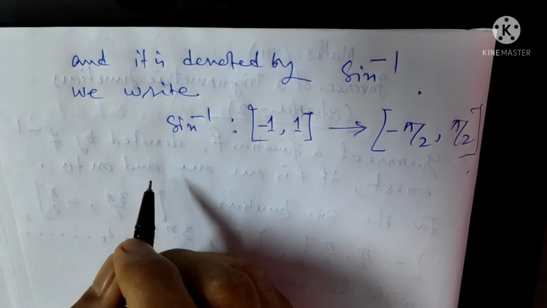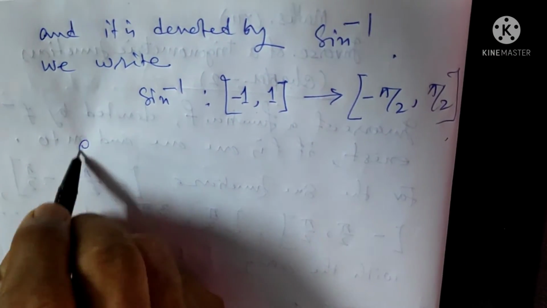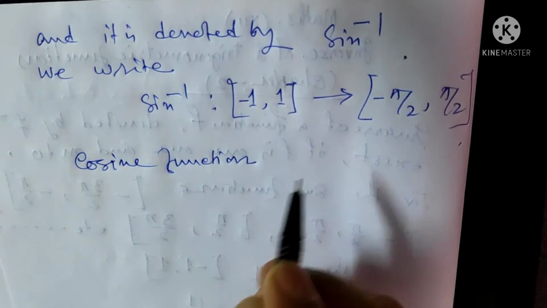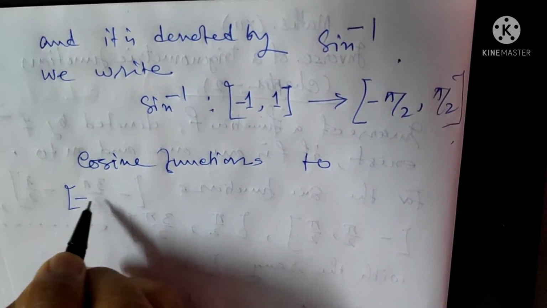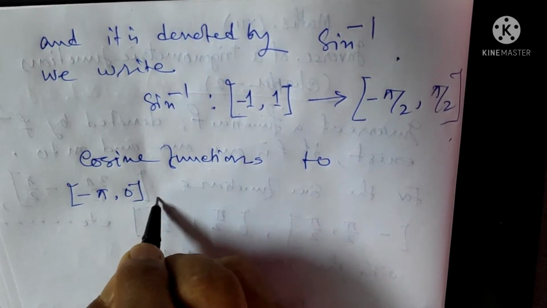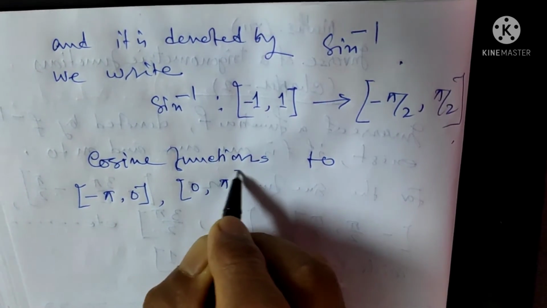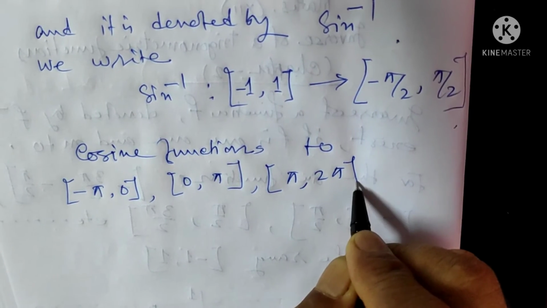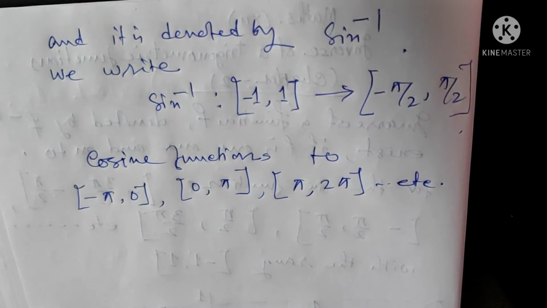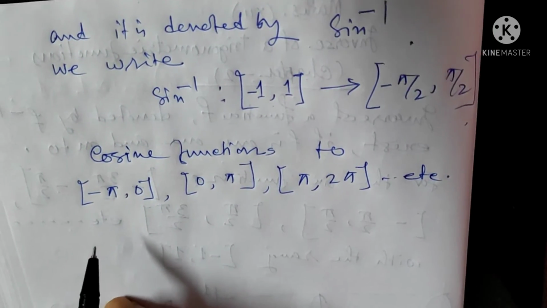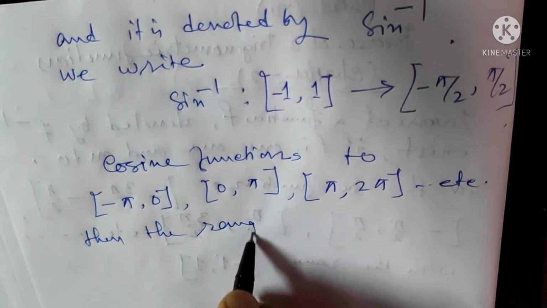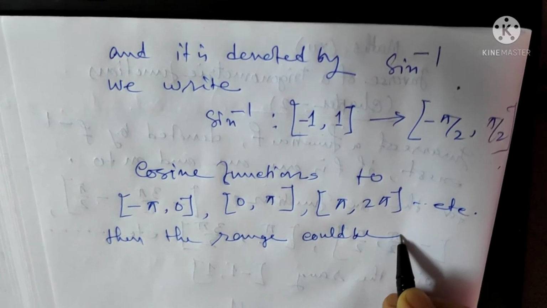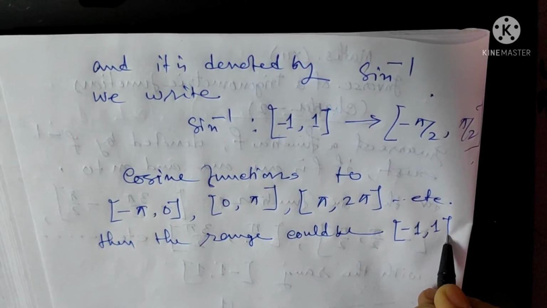Similarly, if we restrict the domain of the cosine function to minus pi to 0, 0 to pi, pi to twice pi, etc., the range would be minus 1 to 1.